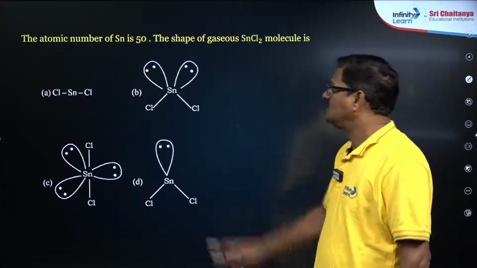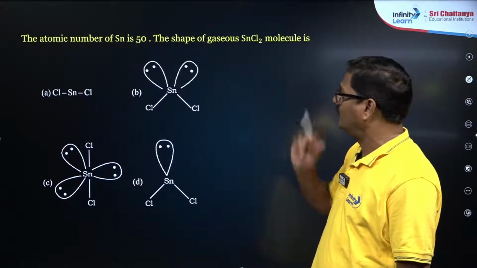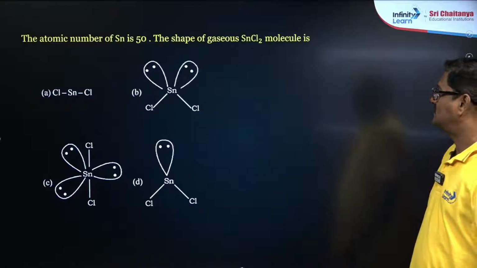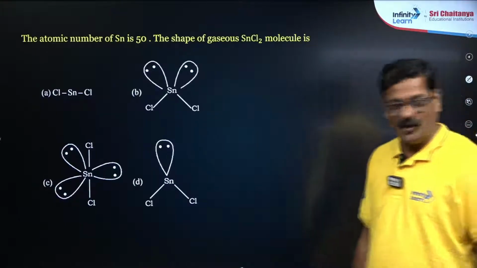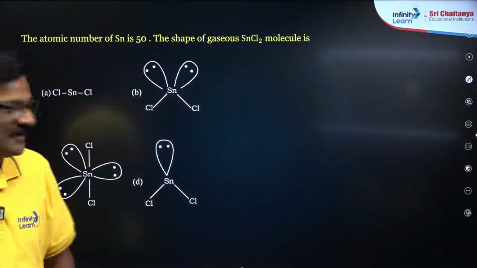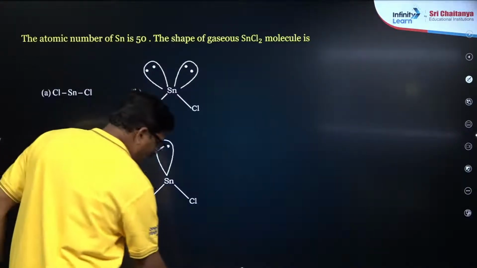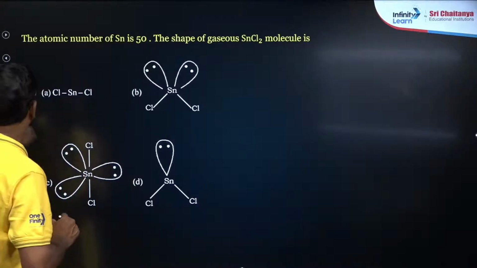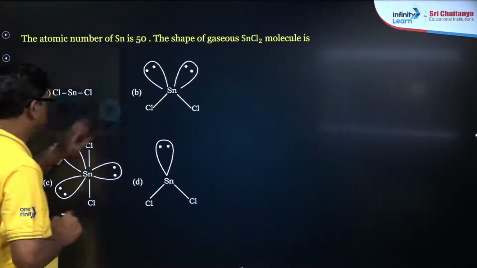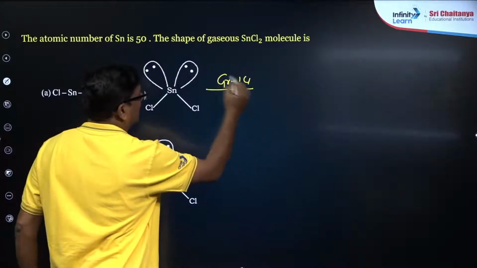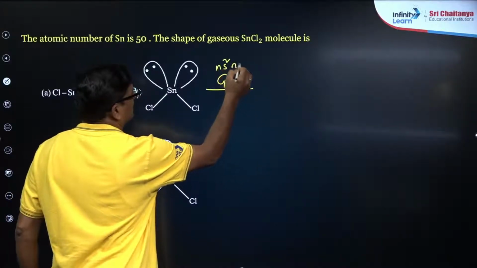And one more question. Atomic number of tin is 50, and the shape of the gaseous SnCl2 is? What could be the answer? Make it fast, quickly, quickly. So if you talk about the group 14 elements, dear students, they all have ns2 np2.